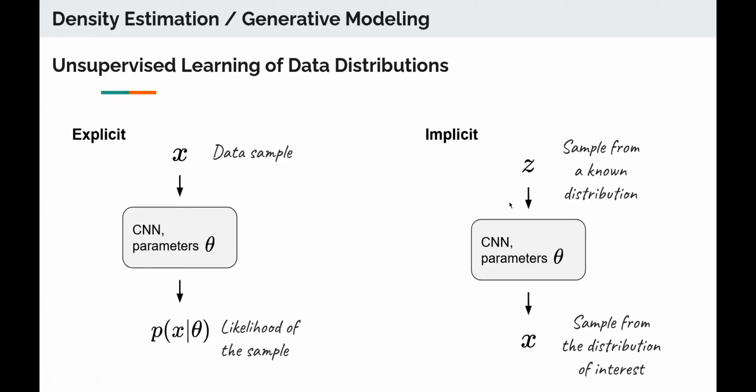I think it's easiest to think of it as sampling from a distribution of Gaussian noise. So Z can be a vector of 100 elements, where each element belongs to a univariate Gaussian with 0 mean and 1 standard deviation. So this Z will be a 100-dimensional vector of noise.